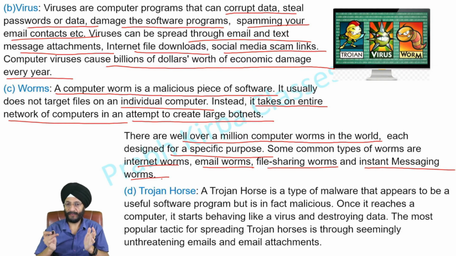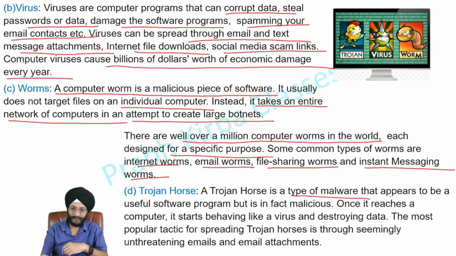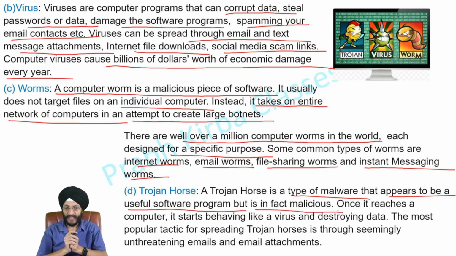Another type of threat being faced by our computers and mobile phones are Trojan horses. It is a type of malware that appears to be a useful software program but is in fact a malicious one.